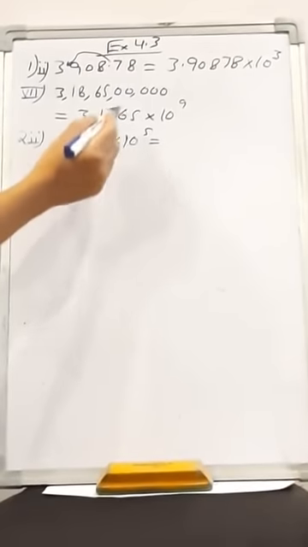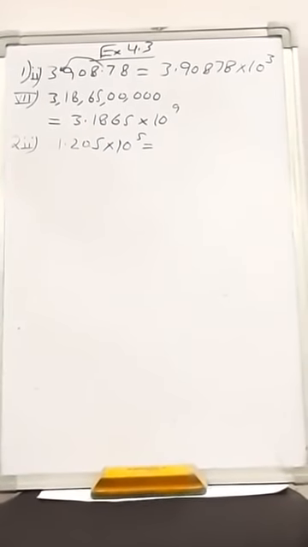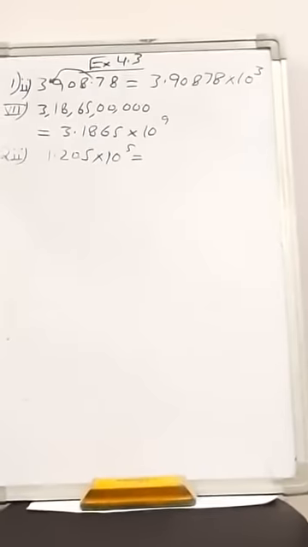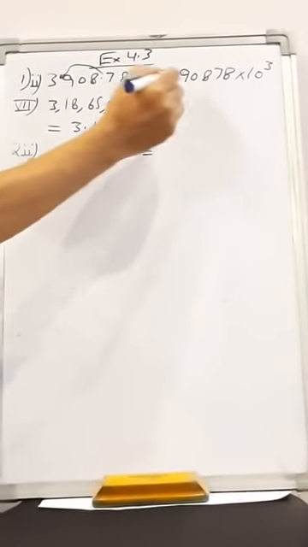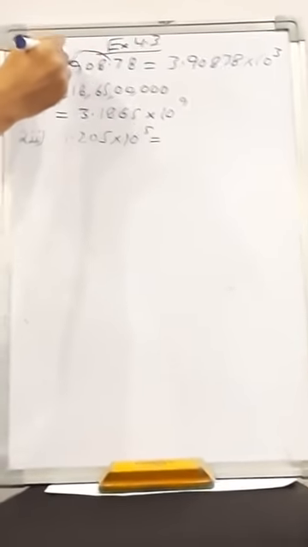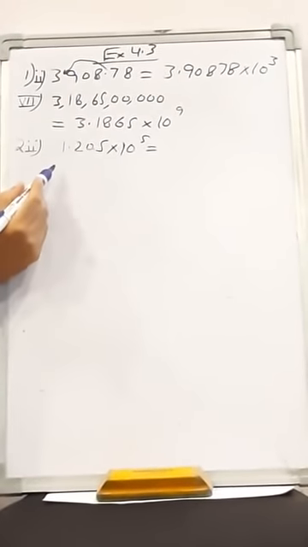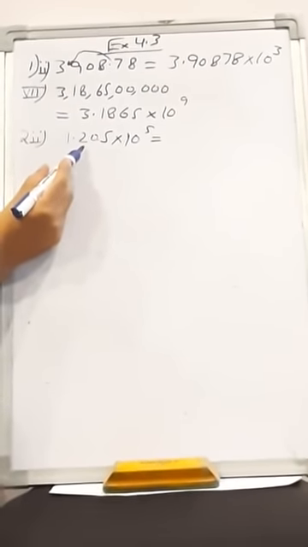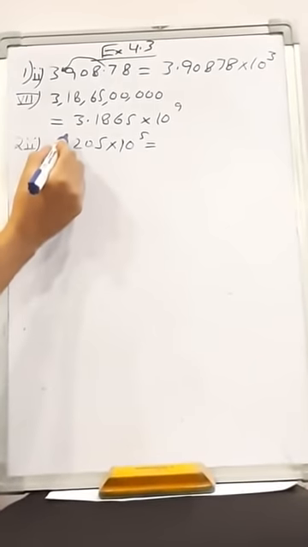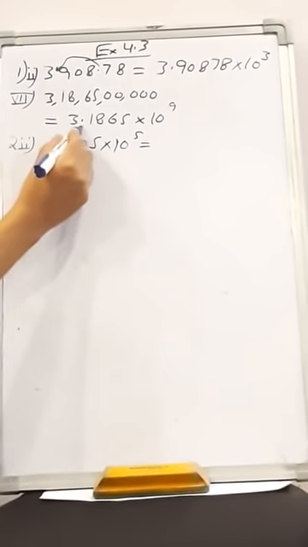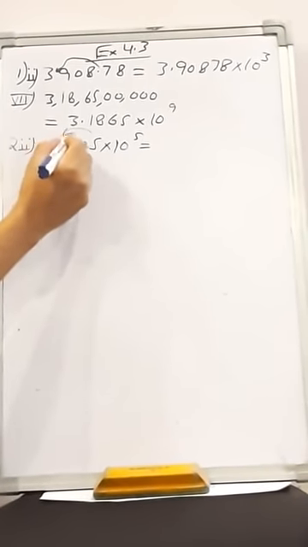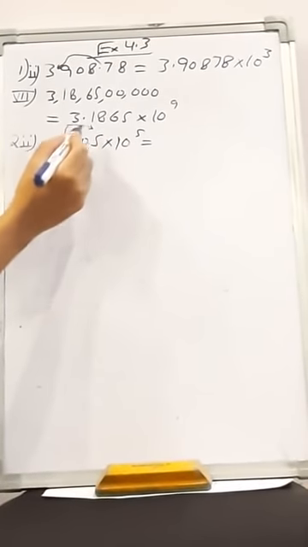So you have to convert this into normal decimal form. Earlier a decimal number was given, we had to write in standard form, so we moved the decimal backward after 1 digit. Here it is already given in standard form, so we'll move the decimal forward from standard form to normal form.